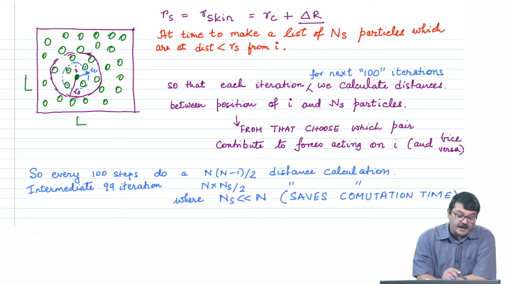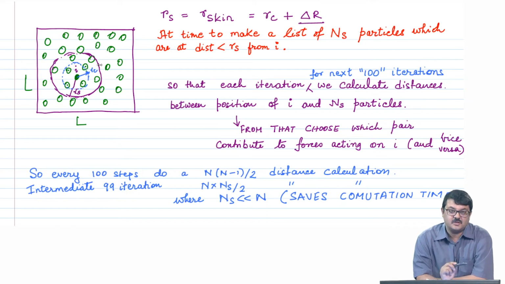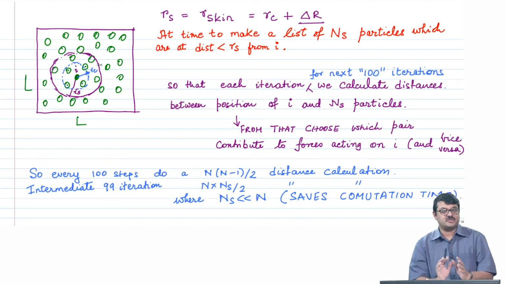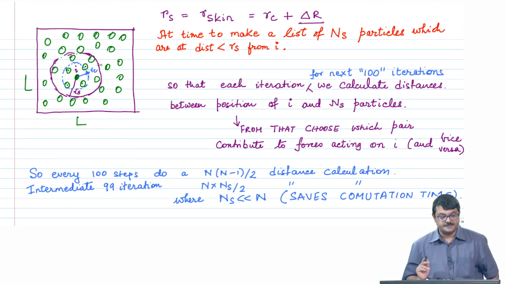So, the list of particles which are within distance r s, the neighbors at time t equal to 0, that is the neighbor list of particles in close proximity, you have to update that list, say every 100 iterations or every 500 iterations or every 50 iterations, depending upon the speed and depending upon the interaction.